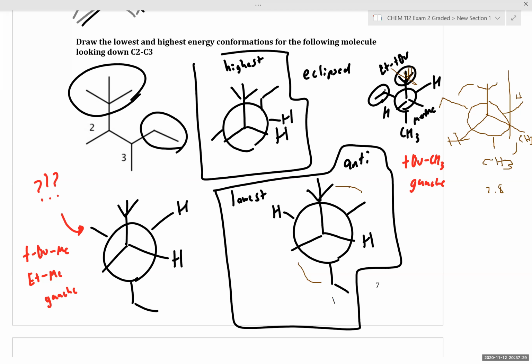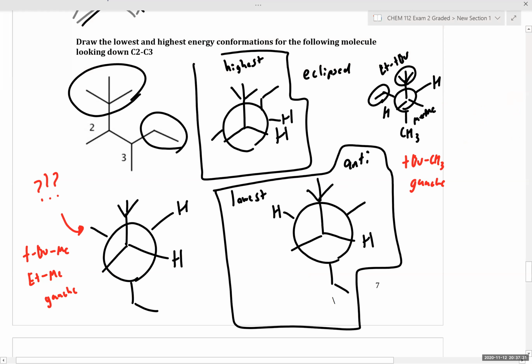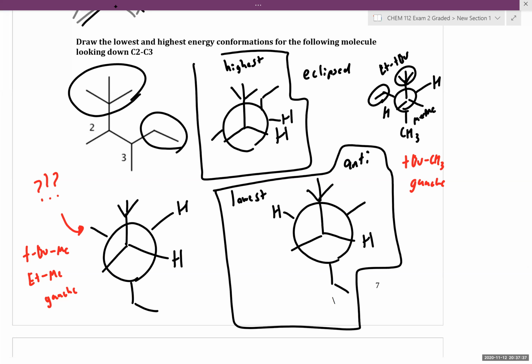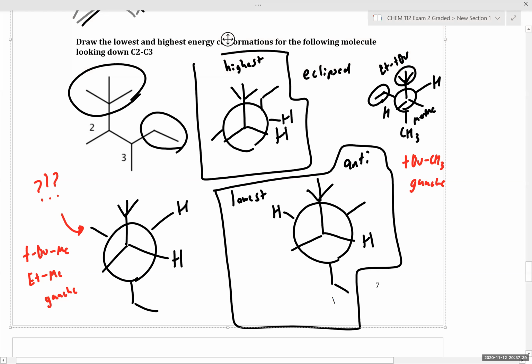That's a really good point to bring up, because there is this ethyl methyl gauche interaction. If you look at these two structures, if we fully analyze them, both are equally acceptable.